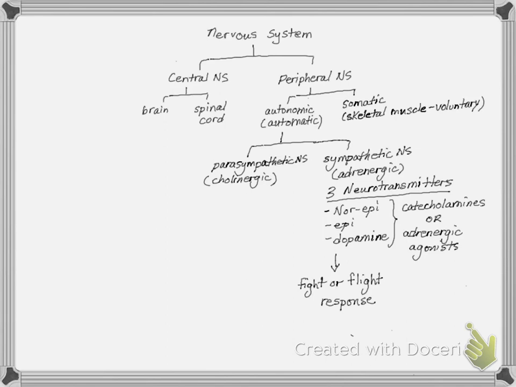These three neurotransmitters, the norepi, epi, and dopamine, are responsible for the fight or flight response. We're going to talk about it in more detail, and what these receptors do, on the next slide.